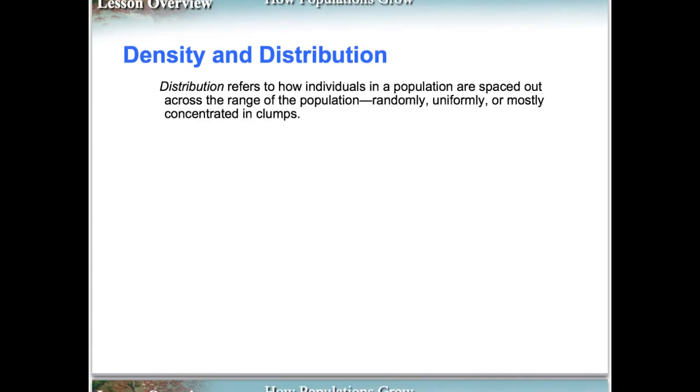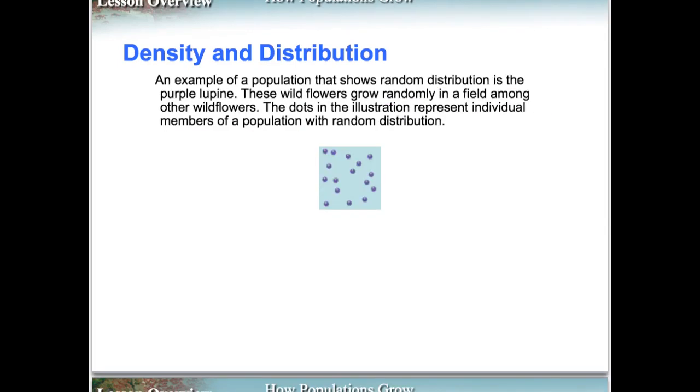Distribution refers to how individuals of a population are spaced out. Some of them are randomly spaced, some uniformly, and some can be concentrated into clumps. This is an example of random distribution. It shows you how some wildflowers are just randomly spaced in a certain area.